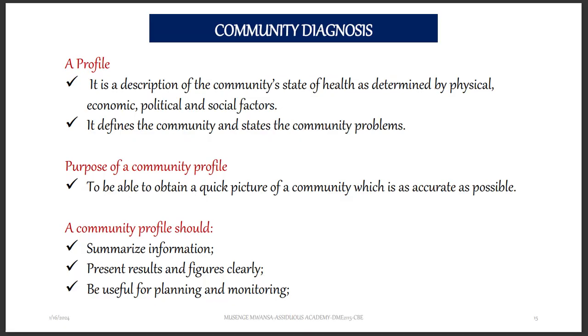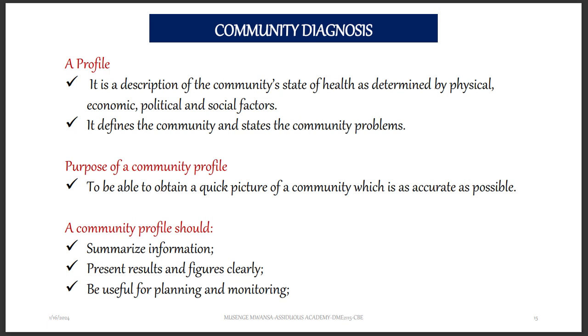Now we talk about community diagnosis first. We talk about a profile. A profile is basically a description of the community's state of health, and that is going to be determined by physical, economic, political, and social factors.